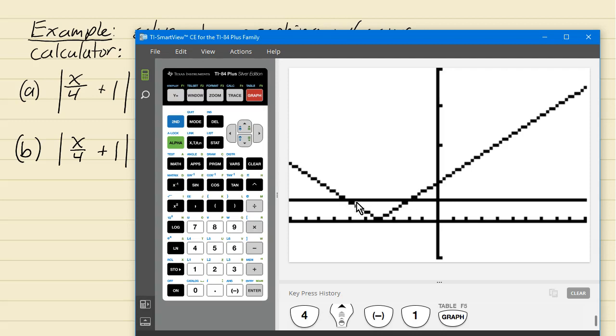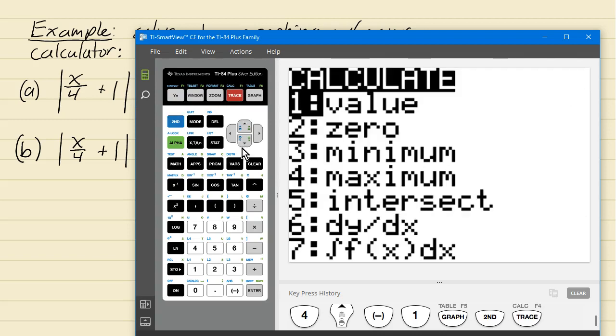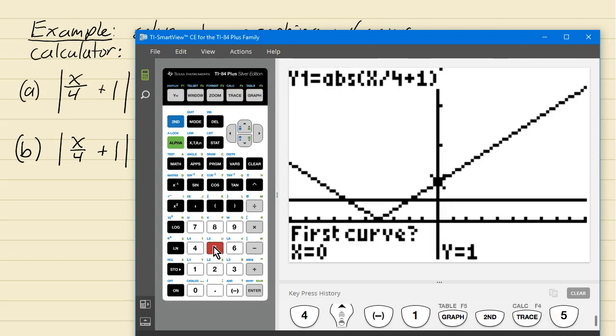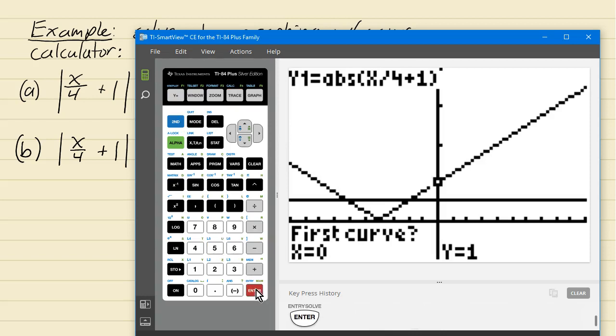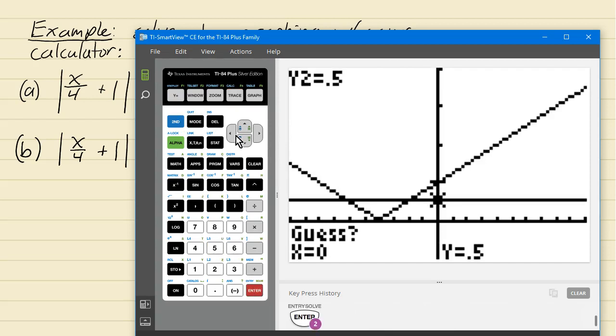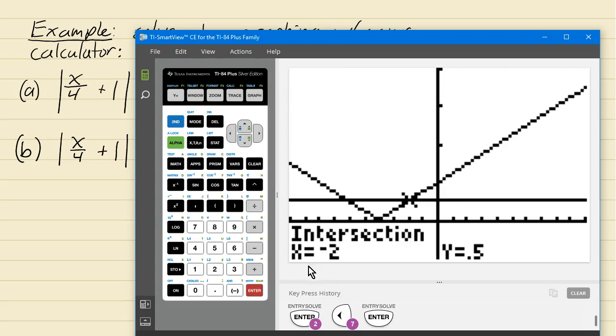But anyways, we need to know what are these two x values that make the absolute value part on the left side of this equation equal to 0.5. So we'll get that using second calc, number 5 is intersect. Just press enter twice for your two curves. Scooch it over to make a guess, and you get x is -2.